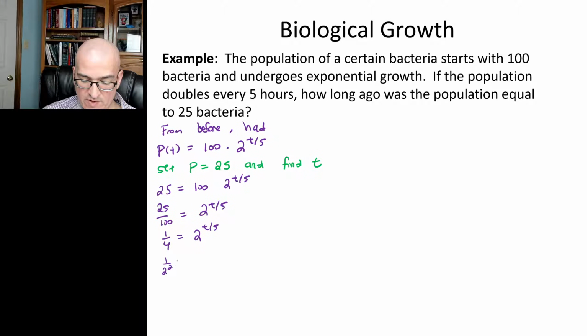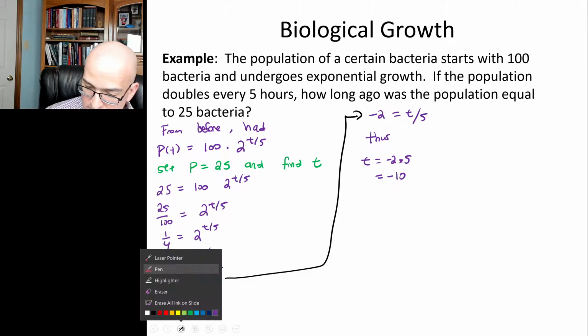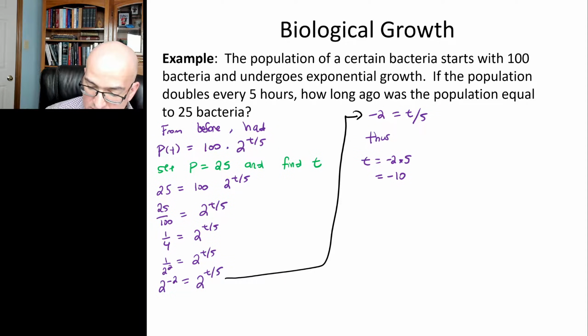And then we can bring that up as a negative power. 2 to the negative 2 is equal to 2 to the positive t over 5. Now we can set the powers equal to each other. Negative 2 is equal to t over 5. Thus, t is equal to negative 2 times 5, which is negative 10. So this was 10 hours ago.